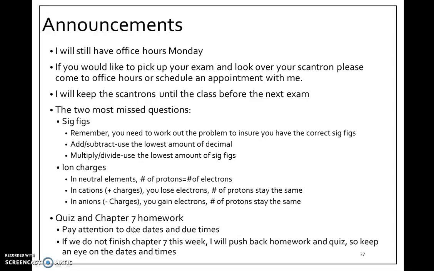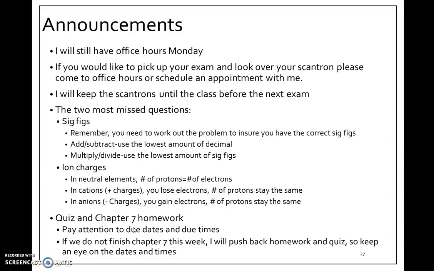The two most missed questions were based on sig figs and ion charges. One of the questions had you do multiplication and addition in a specific order. You do have to actually work it out. You can't just use the values given, because what happens is you lost a sig fig when you subtracted.